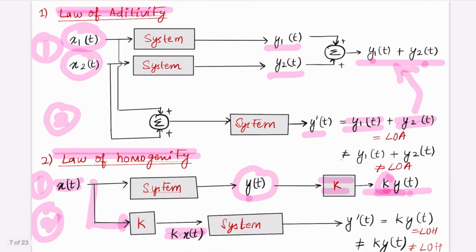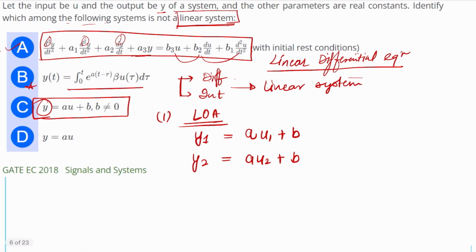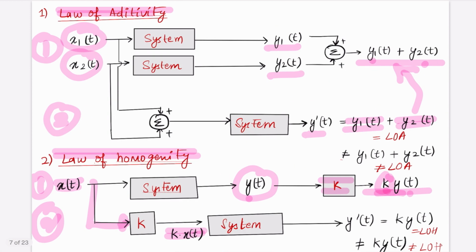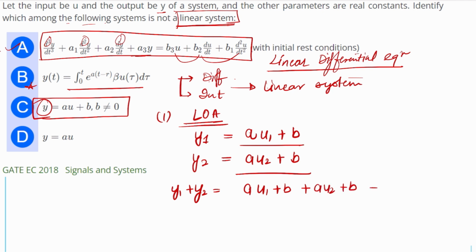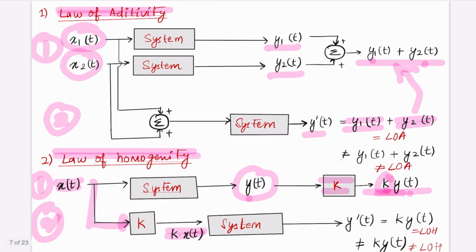Now we will be passing it through the system. Let's just add them both, pass it through the system, and whatever outputs we are getting, let's just add them both. So adding them both, y1 plus y2 will be equal to a u1 plus b plus a u2 plus b, that will be equal to a u1 plus a u2 plus 2b.